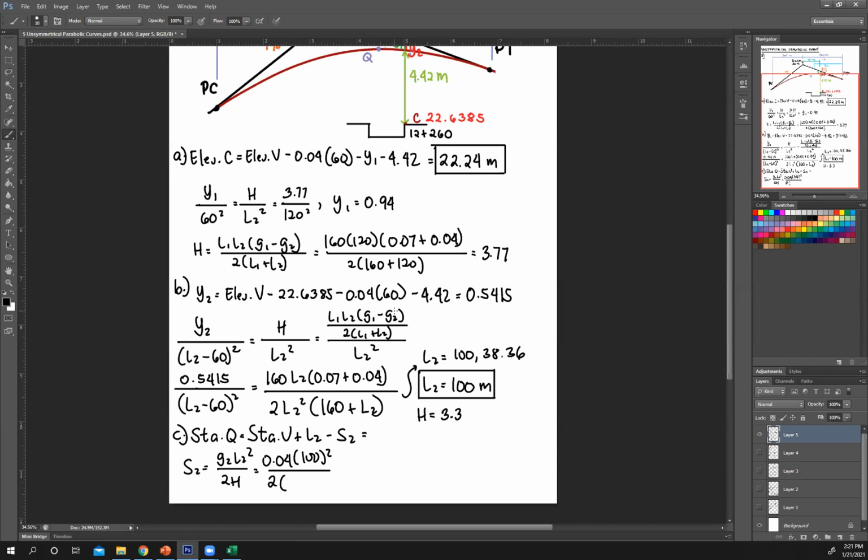Yeah, 3.30. And then 3.38, computing for this, 0.04 times 100 squared over 2. So S2 is 59.09.